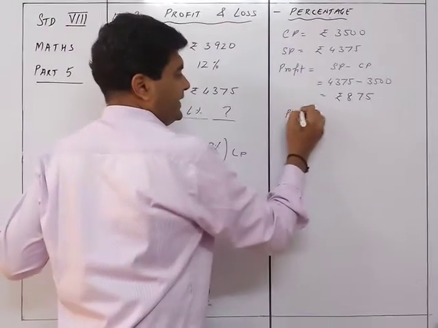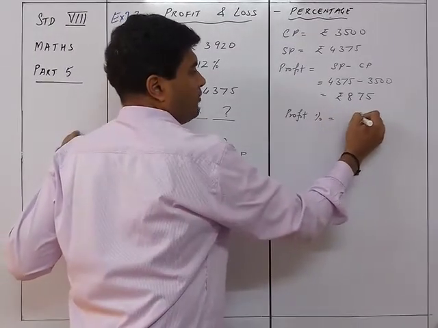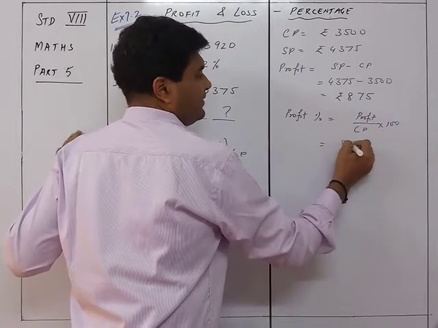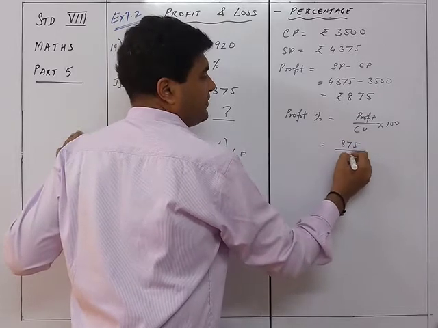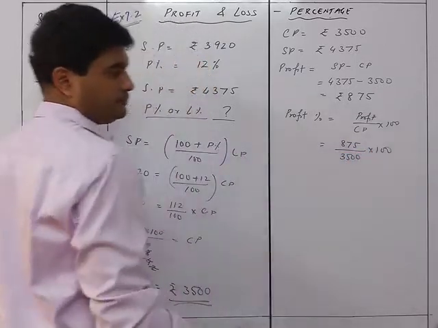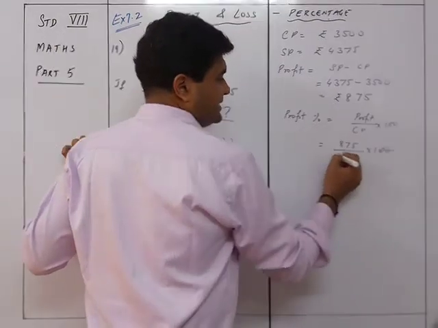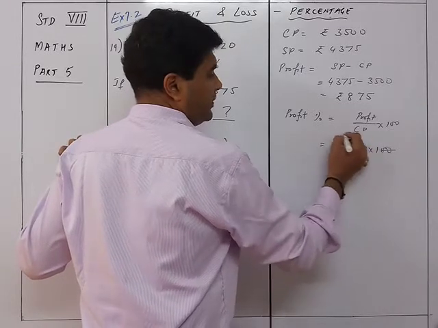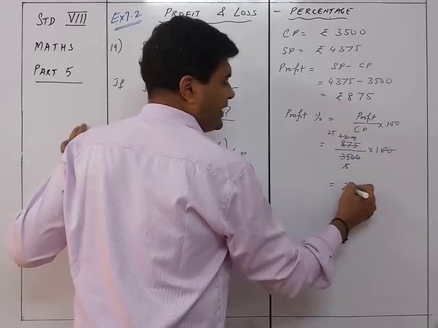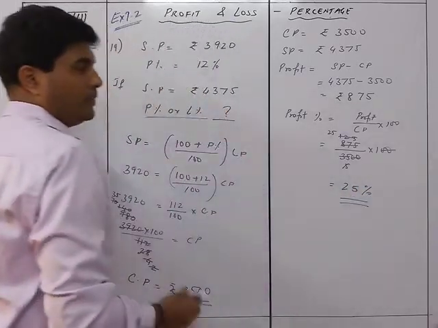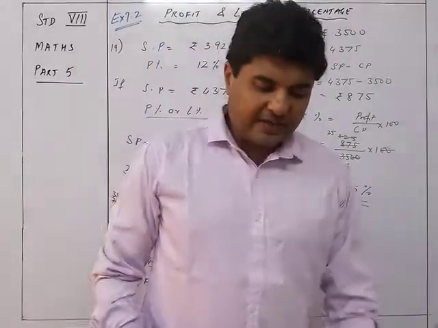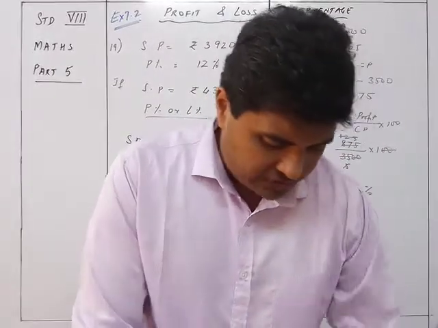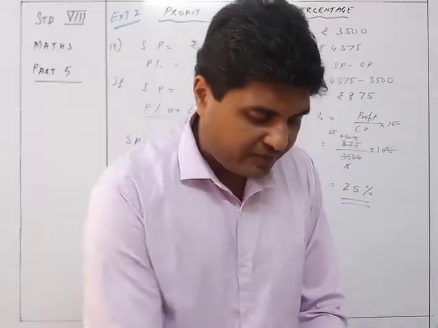Therefore, profit percentage is going to be profit upon CP into 100, that is 875 upon 3,500 into 100. The 0 gets cancelled, and simplifying, it is going to be 25%, the profit percentage of selling the almirah. So that is sum number 19. The answer is a gain of 25%.